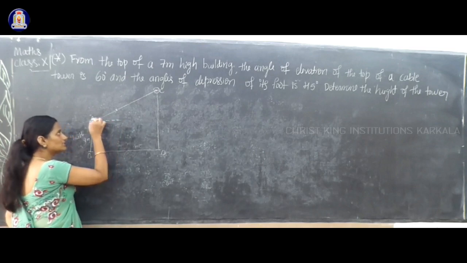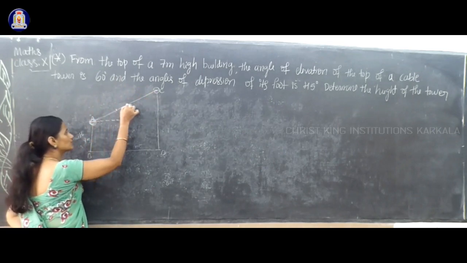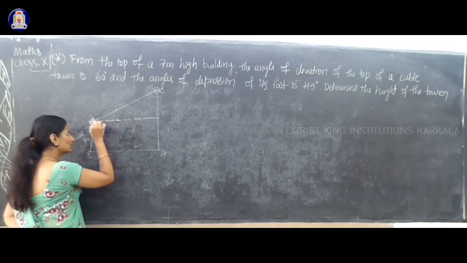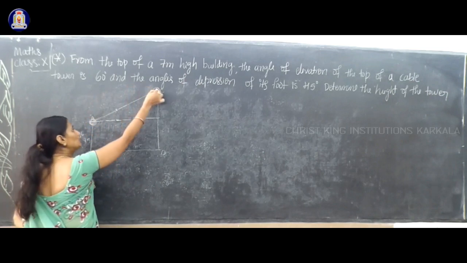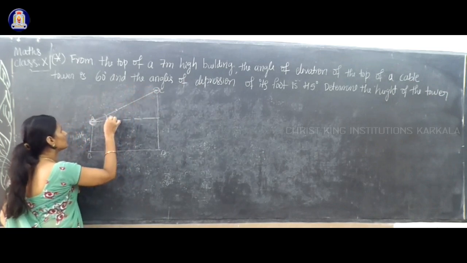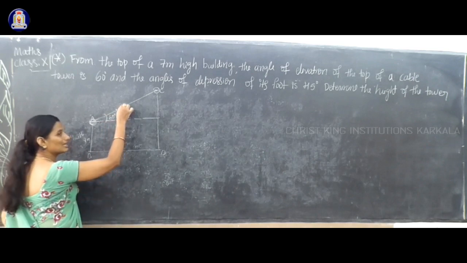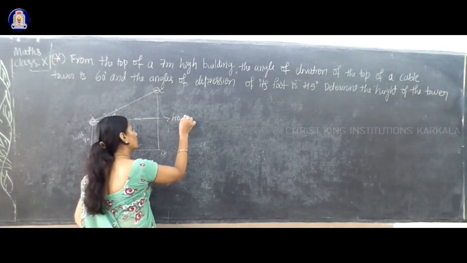So from this point there is the line of sight and the horizontal line. Clear? This line is the line of sight and this line is your horizontal line.